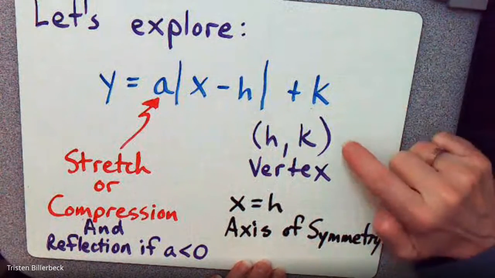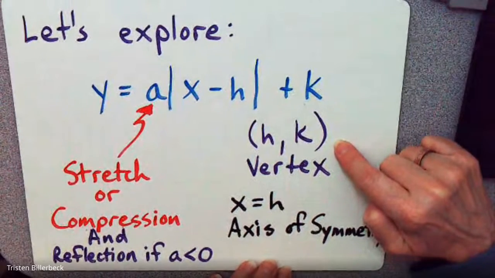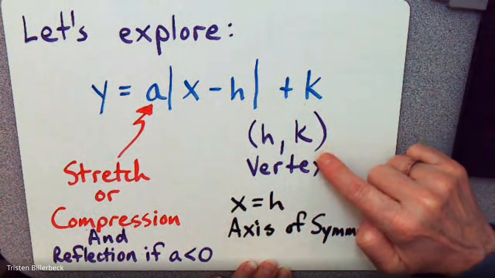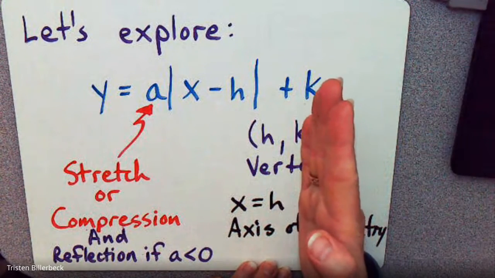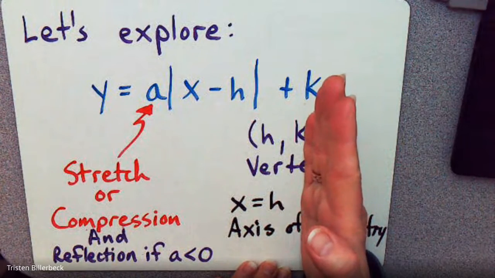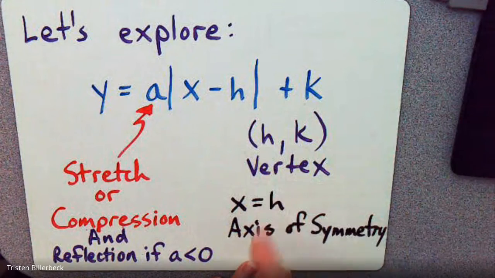Okay. If we have a vertex, the axis of symmetry always goes through that vertex. We define vertical lines by what value of x they go through. So that's why h is the definition of this axis of symmetry: x equals h.